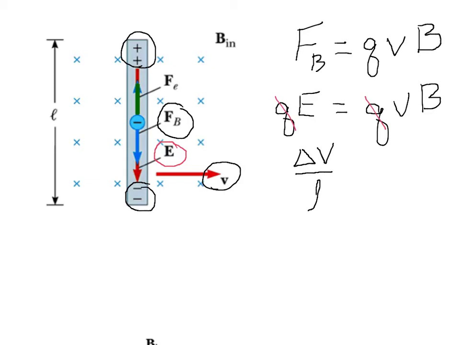In this case, it's the separation L. That's the distance between where we've collected positive charges and negative charges. And what we have on the other side is VB. So as long as we keep moving this piece of metal rightward through that field, we will establish a potential difference, delta V, equal to V times B times L.